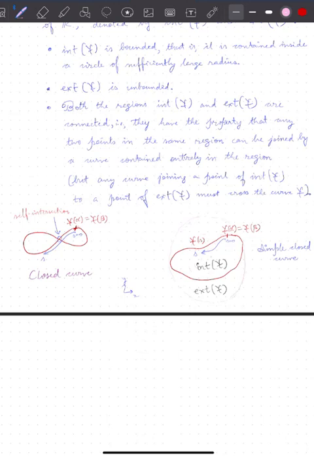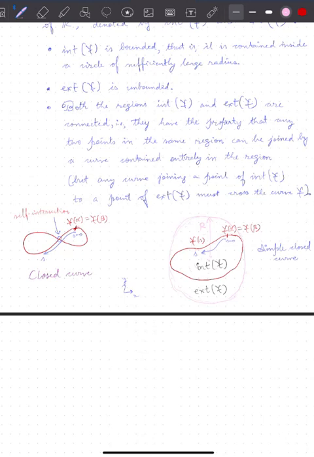So what we see is that this circle here bounds the interior region of the curve. Which means that the interior region is bounded and it's contained within a circle of sufficiently large radius, some radius R. However, the exterior of gamma vector is unbounded, right?